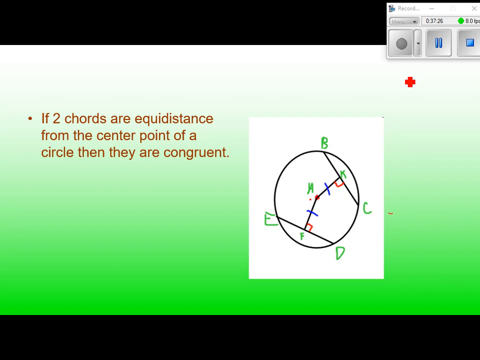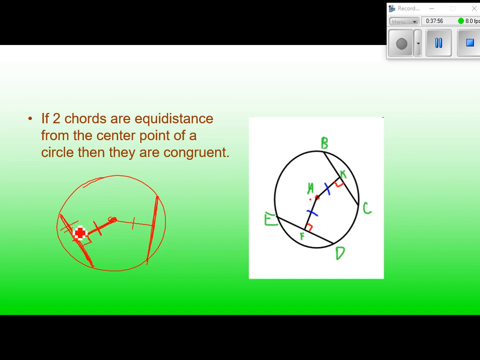So this one says, if you have a circle, and I have a chord here and a chord here, and it doesn't matter where the chords are at. If this chord is the same distance from the center as this chord, then guess what has to be true about these two chords? They're congruent. Now the other thing, if this is a right angle here, what's this do to that chord?